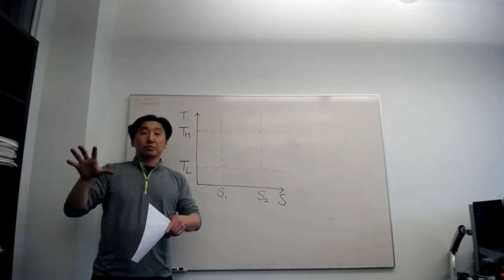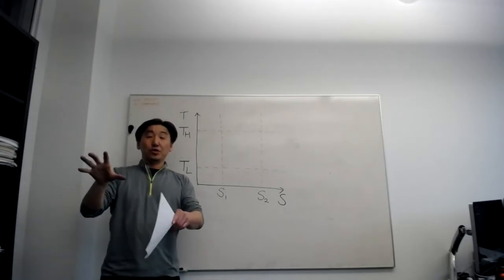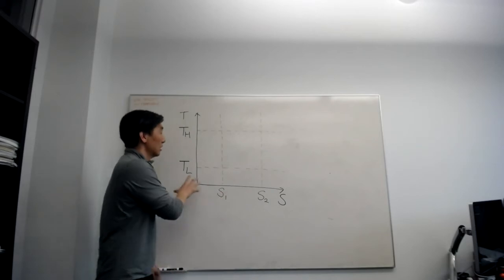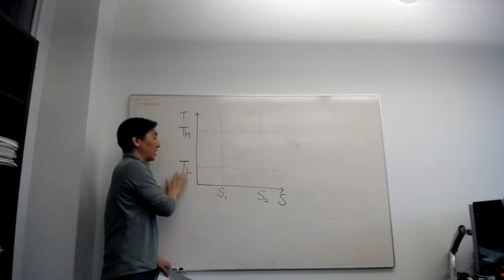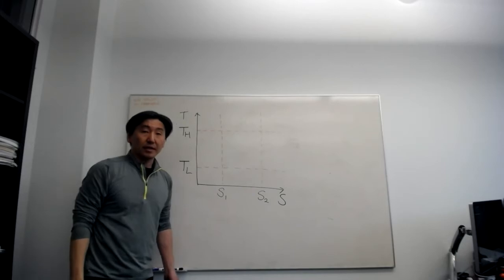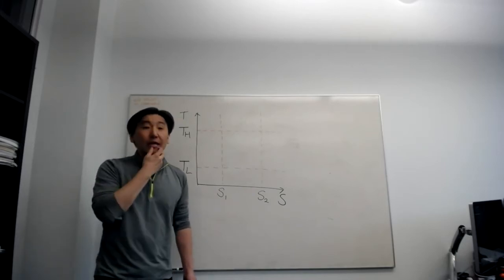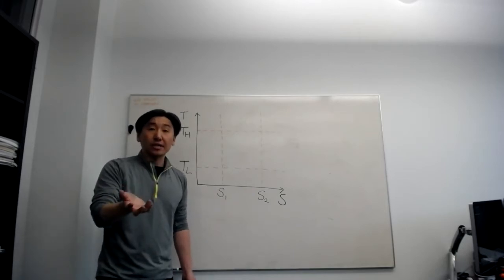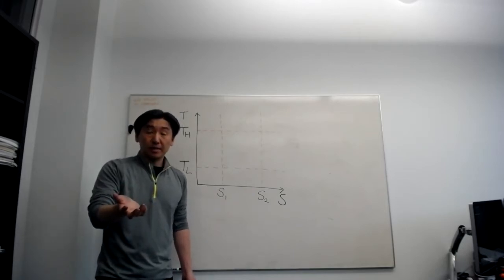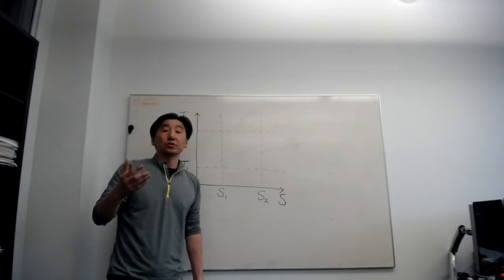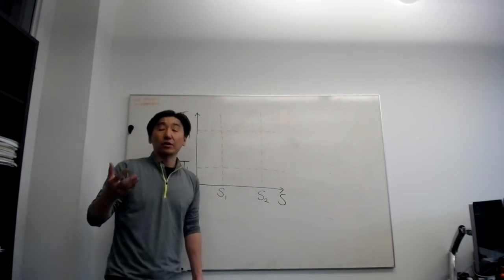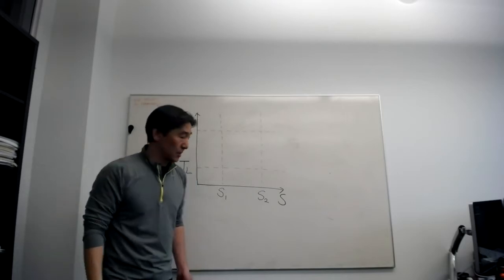While you try to do your own sketch, I draw the TS diagram here. Okay, I made TH, TL, S1 and S2. Now, how can we draw the TS diagram of the Carnot cycle? How can you draw the first process 1 to 2, which is a reversible heat input and reversible expansion process?